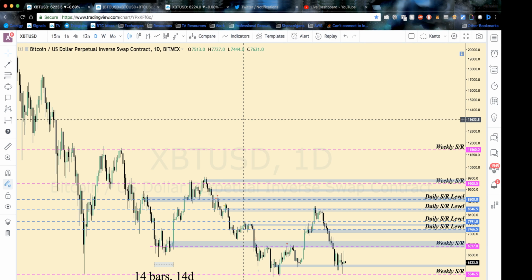So, of course, people understand. But let me break this down just in case you're very new. A short squeeze is when a large amount of shorts are forced to cover. When price rises to a certain price point, that triggers a lot of stops.